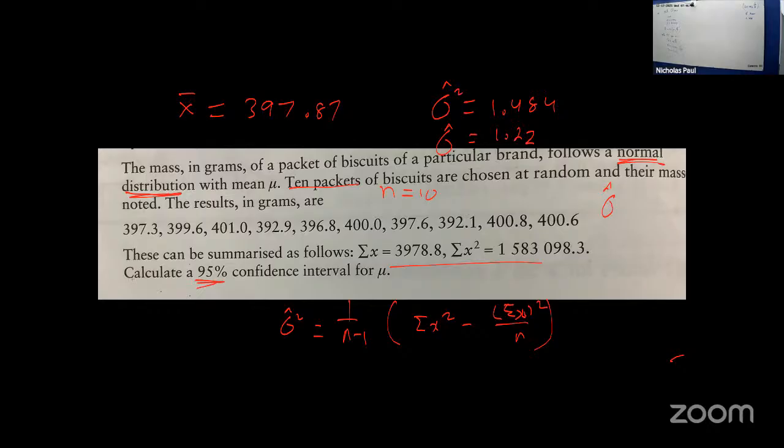Right, so let's use that 1.22. Maybe there's an error in this here, and they used the exact value. Anybody got 1.2 for their value? Yeah, alright. So we'll go with the 1.2.